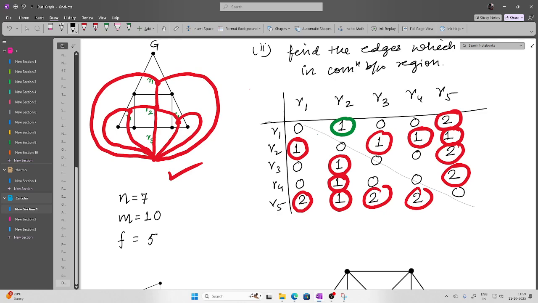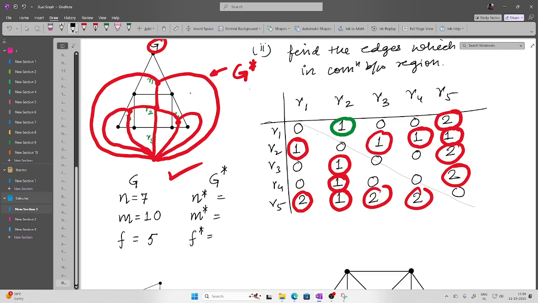Now I have to do the similar thing for the dual. If G is my original graph, then the dual is represented as G star. This information is for G, and similarly I have to do it for G star. How many vertices are there in the dual graph, that is n star? Also I have to find the edges and the faces.